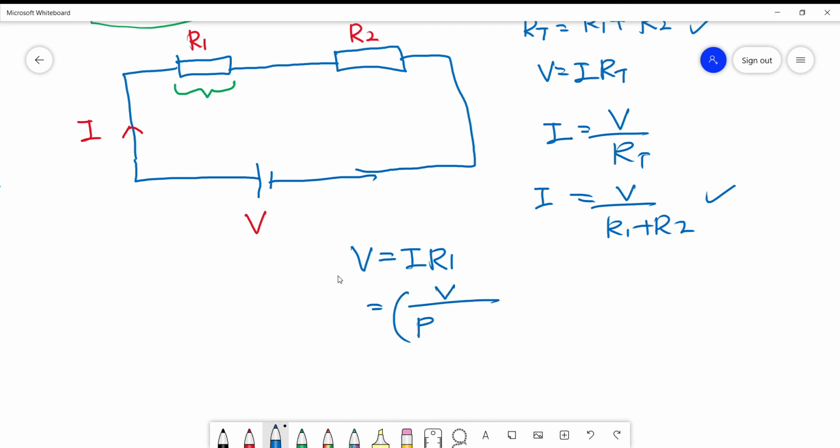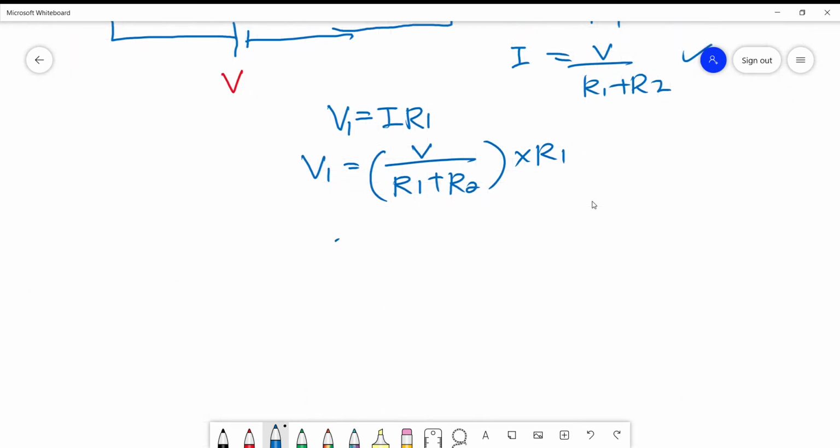So what I get is V over R1 plus R2 times R1. I consider this one as V1, and this is V1 as well. Okay, so if I arrange it, R1 over R1 plus R2 times the total potential difference produced by the battery.